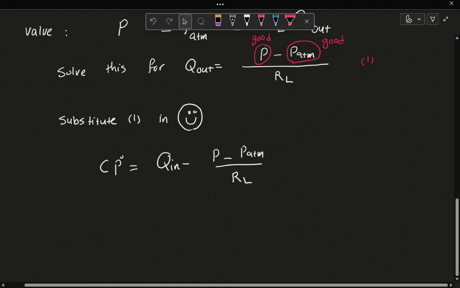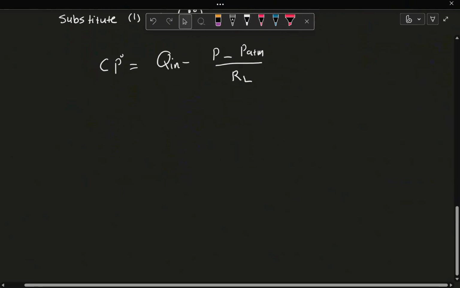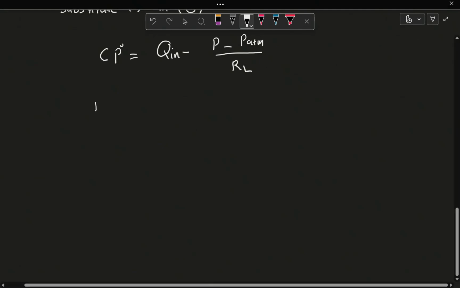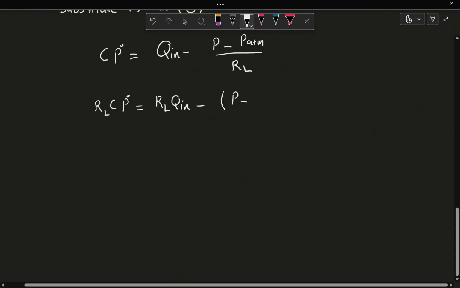Okay. Now, just to get rid of the RL in the denominator here, I'm going to multiply both sides of this equation by RL. So if you multiply both sides by RL, you will end up with RL C P dot equals RL Qn minus P plus P atmosphere.